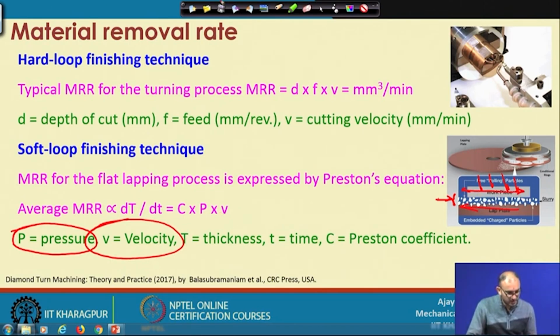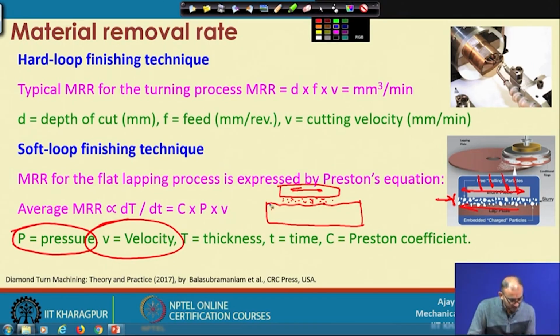Initially, suppose this is your initial surface on the workpiece, and this is the tool or lap which you are moving in this direction. These are the small abrasive particles. When it is moving, it is removing some of the material from the workpiece surface. That Z height is how much material is removed in 1 minute or 1 hour.